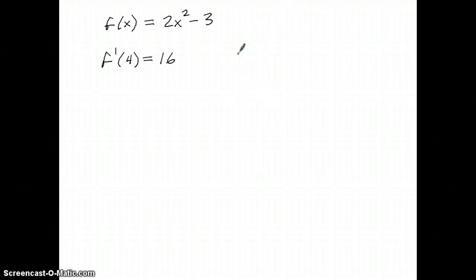To visualize this using the calculator, I need to figure out the equation of the tangent line that grazes right at 4. And that means that I need to figure out y equals mx plus b. I have the slope. That's equal to 16. I need to figure out the b value. And so I need to plug in an x, y value that is actually on our graph.